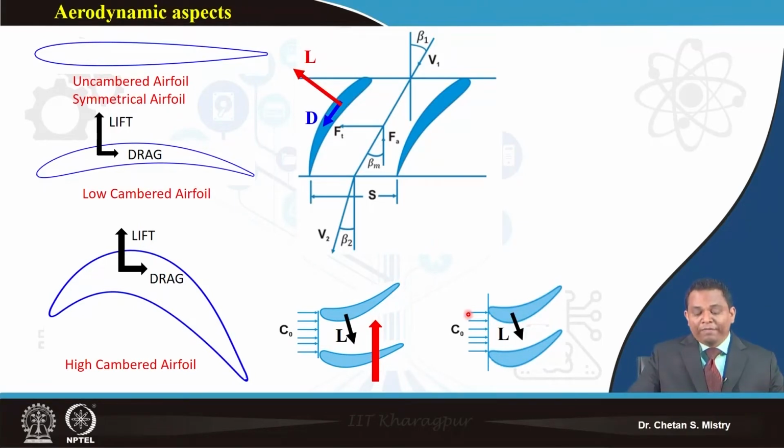When my flow passes through this passage, I want to extract work from my working fluid, because we are using this for our expansion process. So in order to take the benefit of this lift force, we need to rotate our wheel from the pressure side to the suction side.